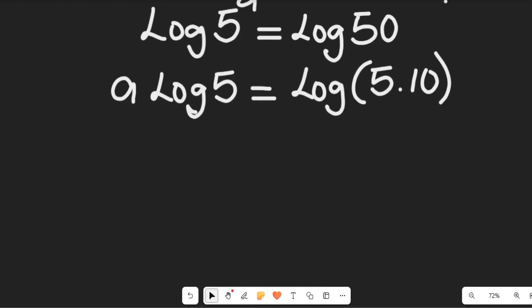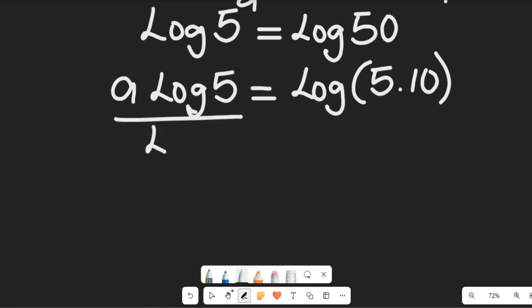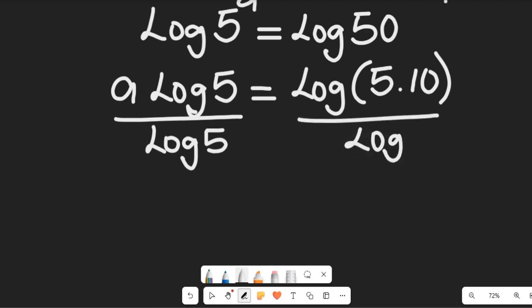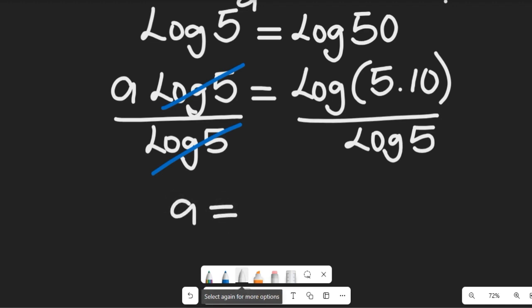In the next step, I'm going to divide both sides by log of 5. If I divide here by log of 5, at this point, log of 5 will cancel out log of 5, and then we'll be left with a, which is equal to, according to the law of logarithm, we can isolate those two parts, but we'll do that in the next step.